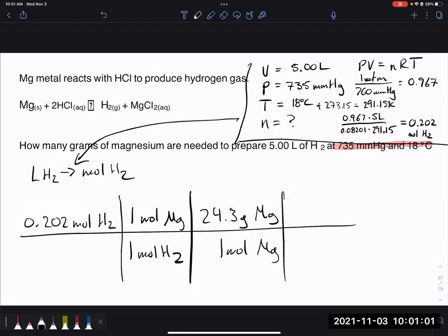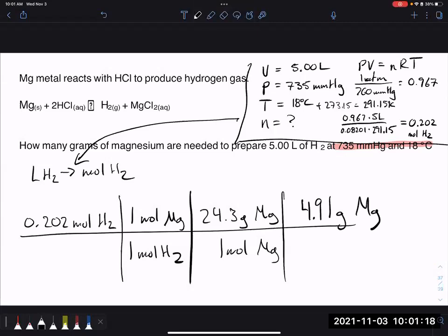So 0.202, we have a 1-to-1 mole ratio times 24.3, going to be 4.91 grams magnesium.